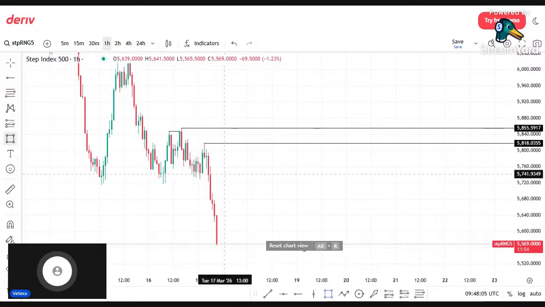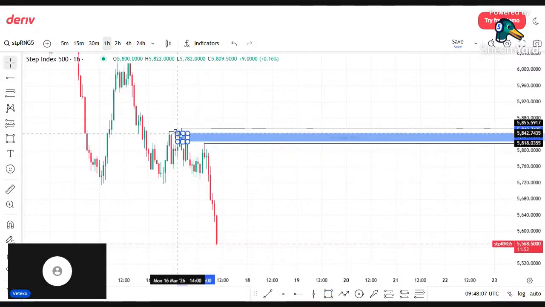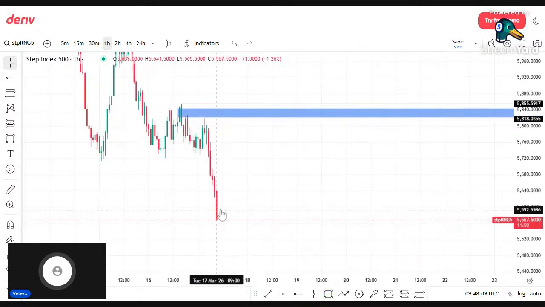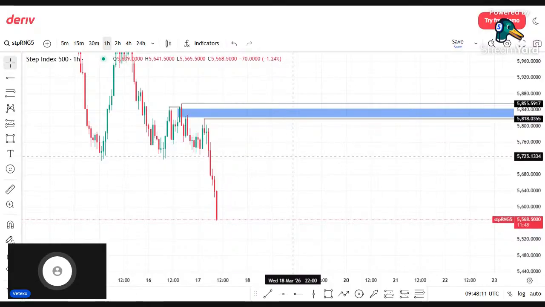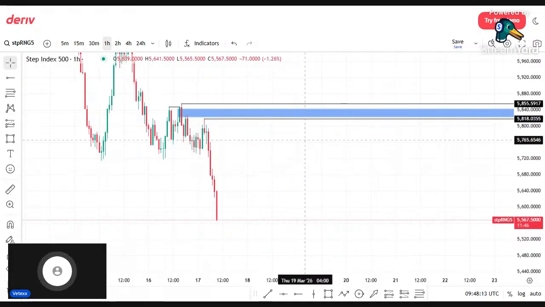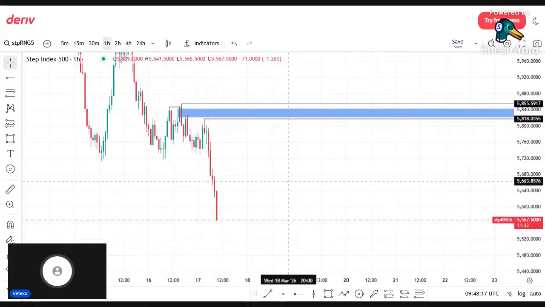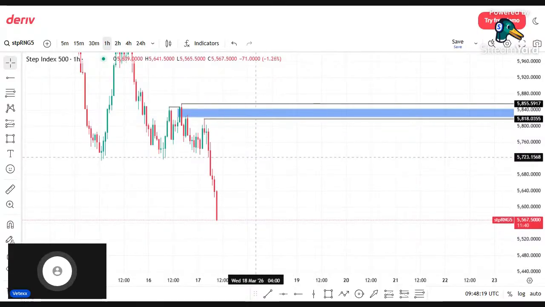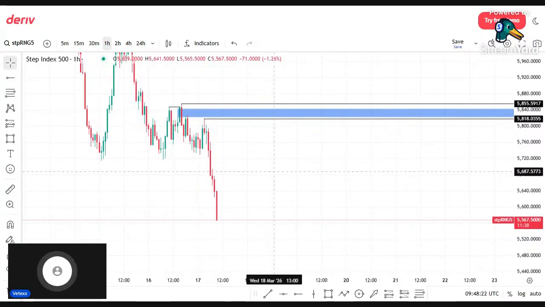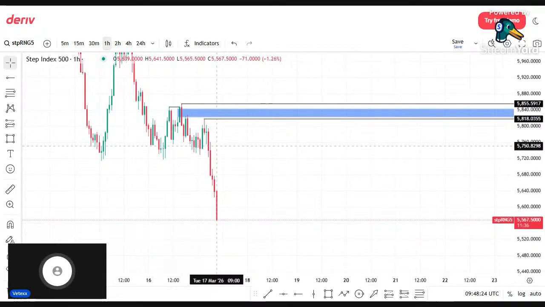So this becomes our new point of interest. We anticipate when price will come back to this zone and then start selling in the opposite direction. So this is what I have on step 500 index at the moment.